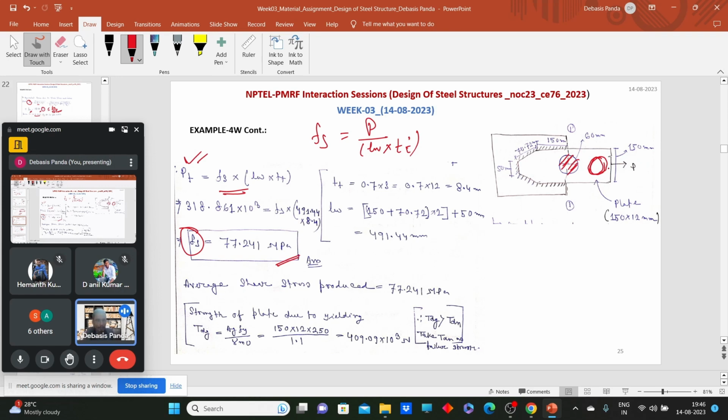Obviously rupture. When you apply the pull, this portion will fail. But when we put the hole here within the weld zone, when the stresses go to that zone, most of the stresses will get transferred. So then this solid portion will fail, so yielding should be considered as the failure criterion for this kind of joint. Okay, clear? Yes or no?